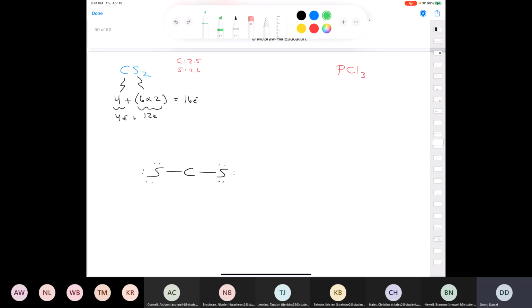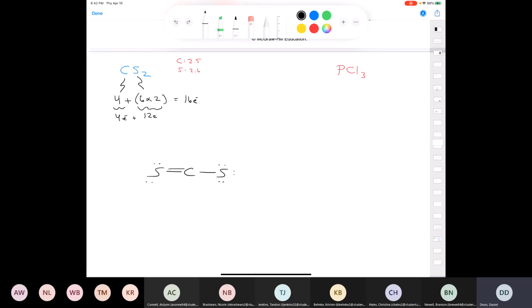There's a big problem here, though, isn't there? My carbon is only surrounded by 4 electrons. It needs to have an octet. What am I going to do? I'm going to start erasing electrons. I'm going to remove that pair of electrons. I'm going to make a double bond. Both sulfurs in this molecule, the way it's drawn right now, have a complete octet. But my carbon still doesn't have a complete octet.